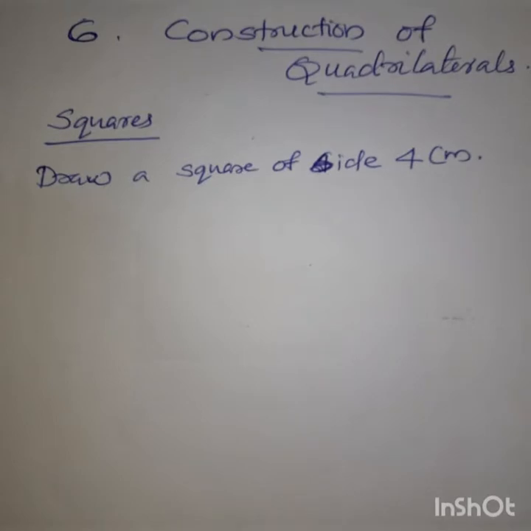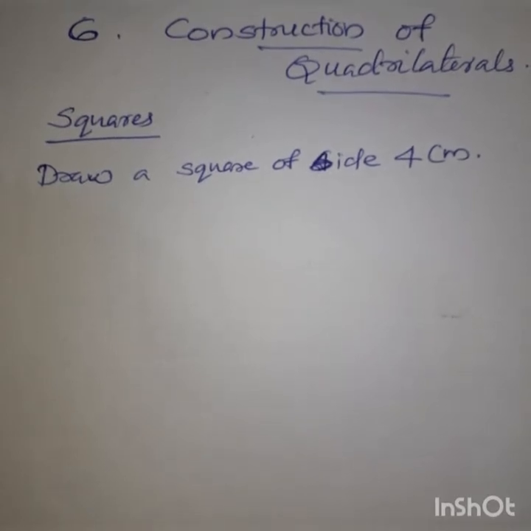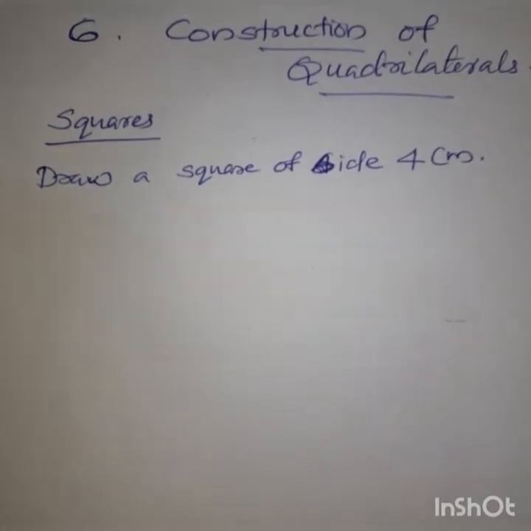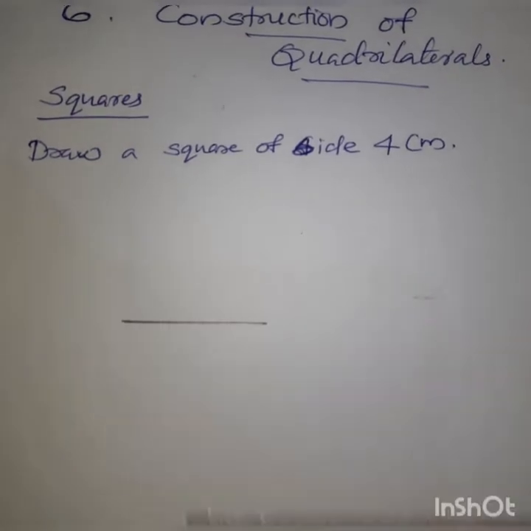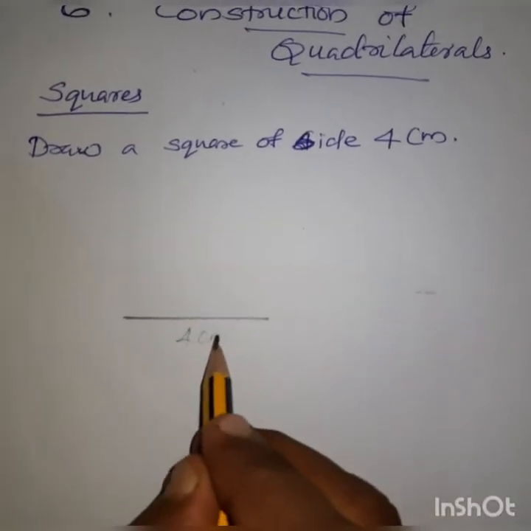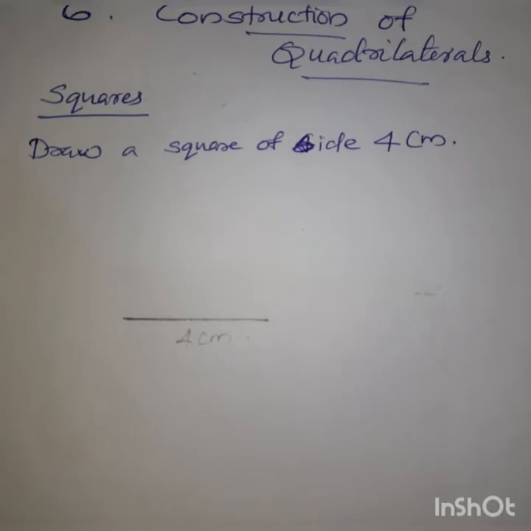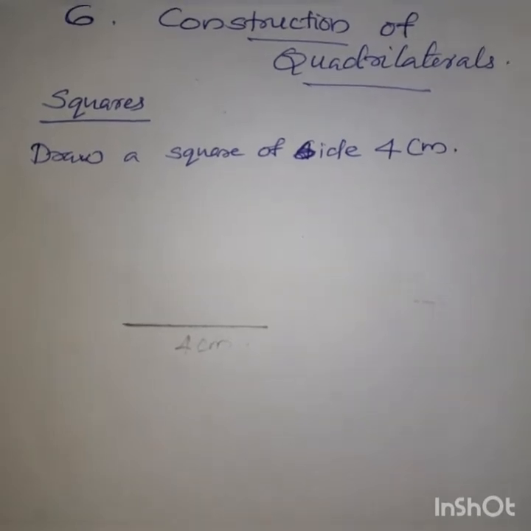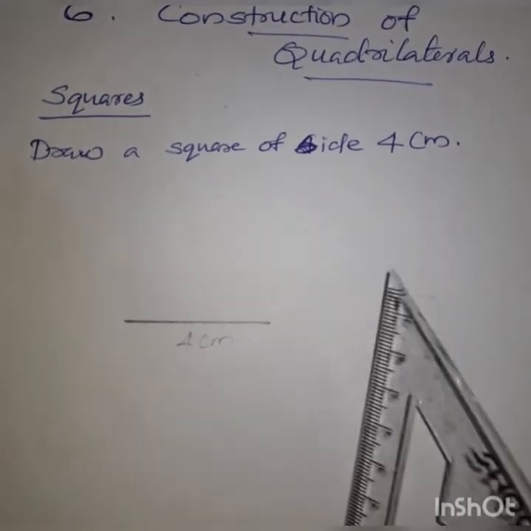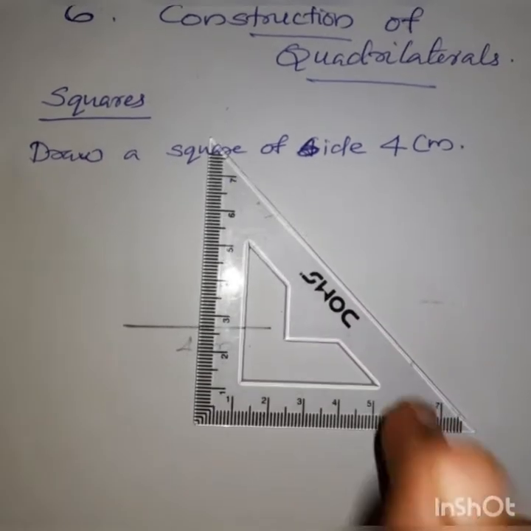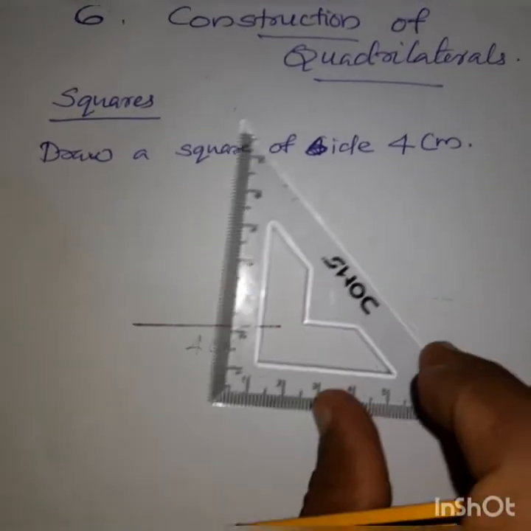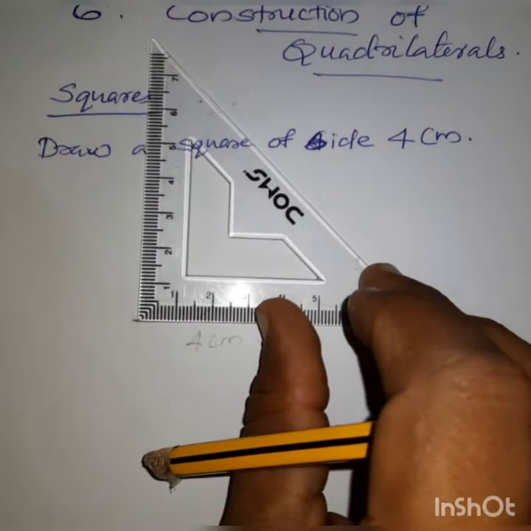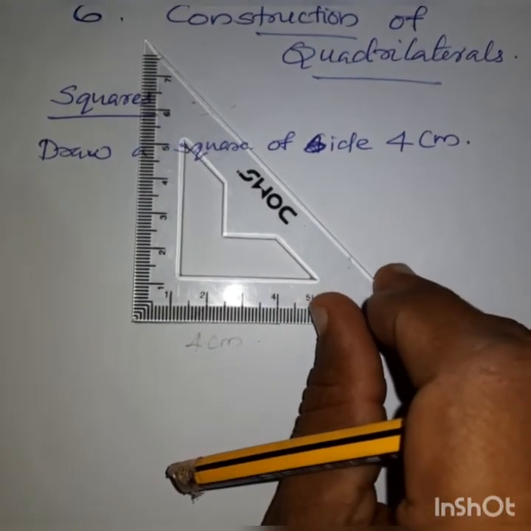First of all, we have to draw a line of length 4 centimeter. Then using a set square, you can draw the other sides. Keep the set square like this.